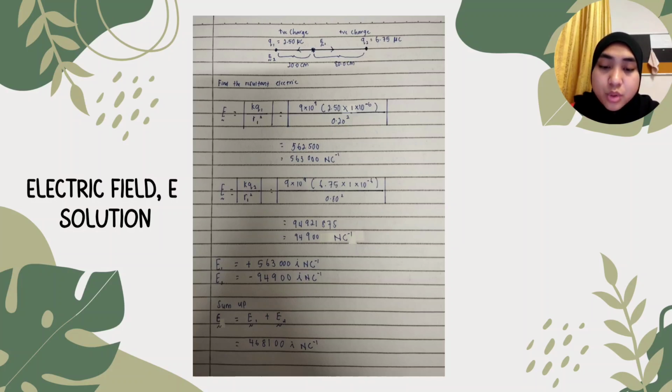2.50 microcoulomb. As we can see here, 2.50 times 1 times 10 to the power of negative 6. 1 times 10 to the power of negative 6 changes microcoulomb to coulomb.